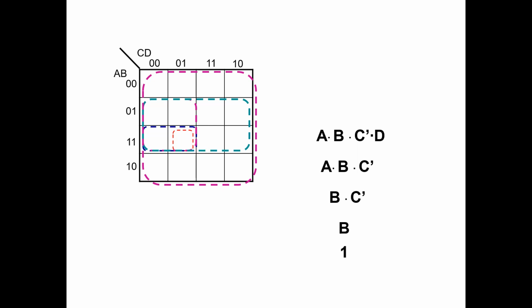Okay, so from this, you can take note that if you want to select some cells in the K-map to produce a product term, you must select one cell or 2 cells or 4 or 8, right? Something like this. You cannot select 3 cells.